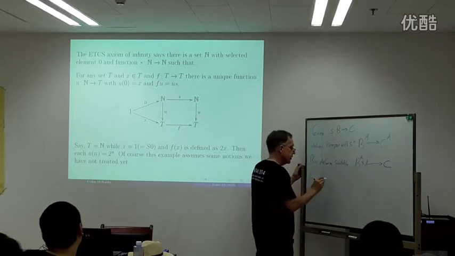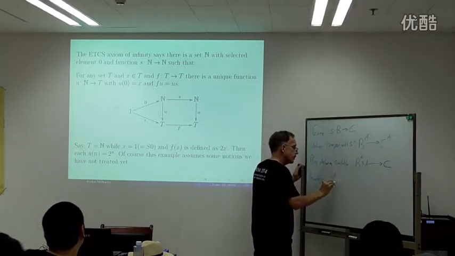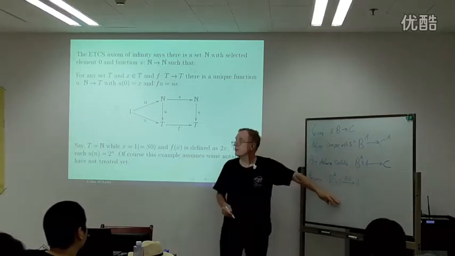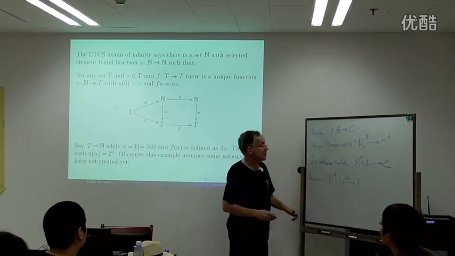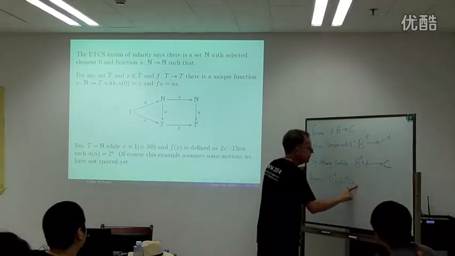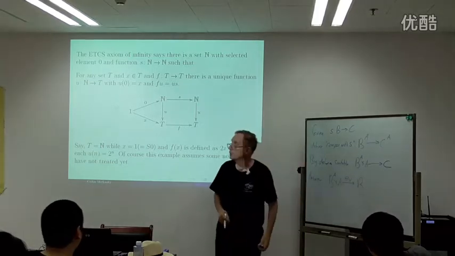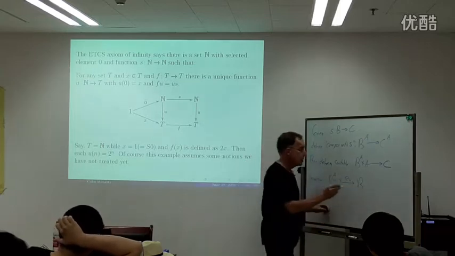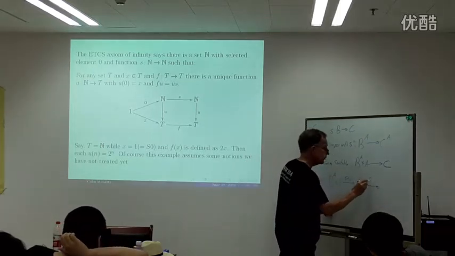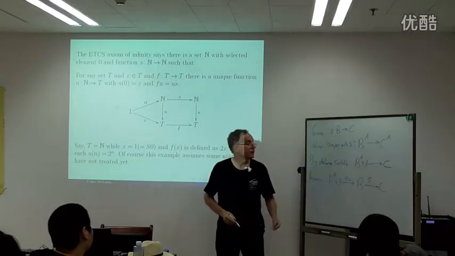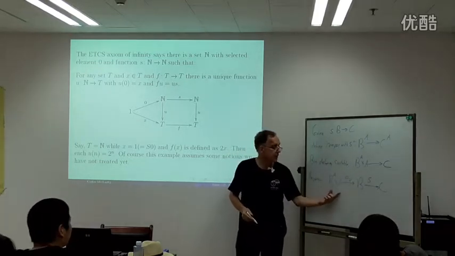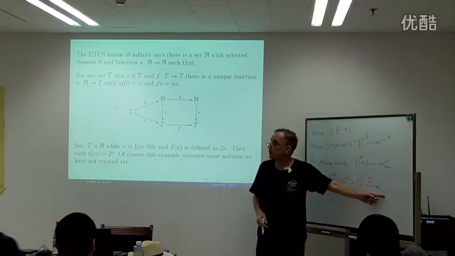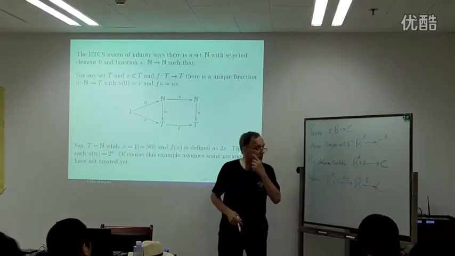Take B to the A cross A, evaluate to B. Remember, we're given this evaluation function. Evaluation takes a function from A to B and a value in A, gives you a value in B. Compose it with S. This transpose should take a function and an argument, evaluate the function at the argument, and then apply the function S.